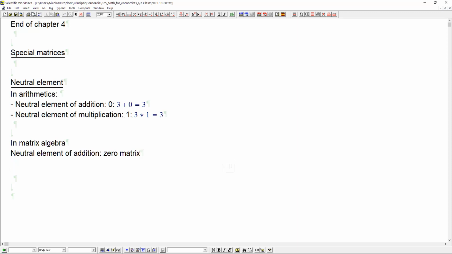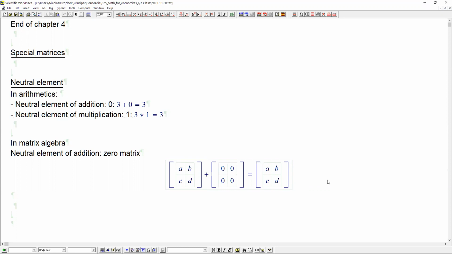So if I have something like this, so A, B, C, D, and then the 0 matrix is just going to be 0, 0, 0, 0. Then it's going to be equal to, well, A plus 0 equals A, B plus 0 equals B, C and D. So the 0 matrix is the neutral element of addition.